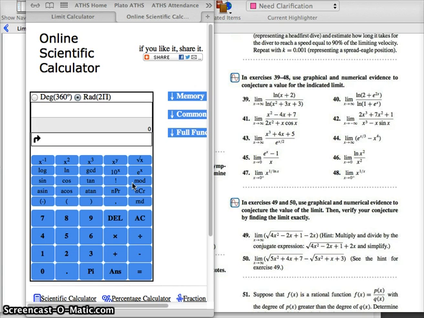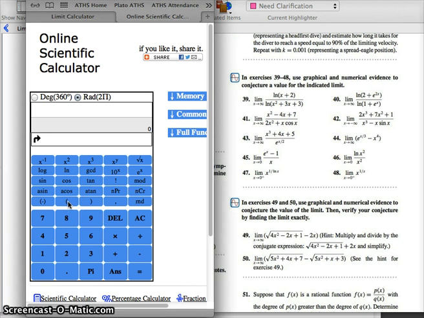You're going to have to play with it and see what happens. So, parentheses, 10 to the 10th.